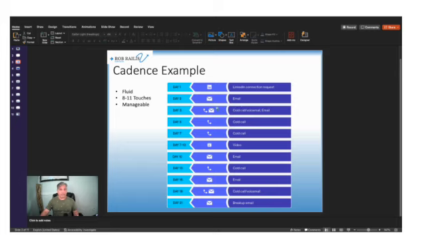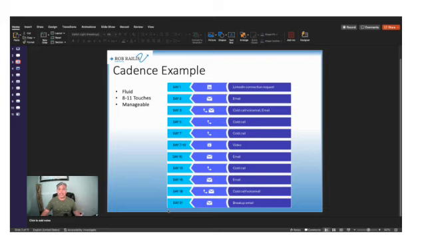So again, this is by example only, but it is a strong cadence and one you can absolutely incorporate. On average, there are about 8 to 11 touches in a sales cadence. I think we have 11 here, 2, 4, 6, 8, 10. So 11 touches here over a 21-day period.